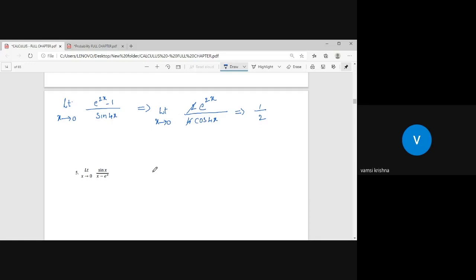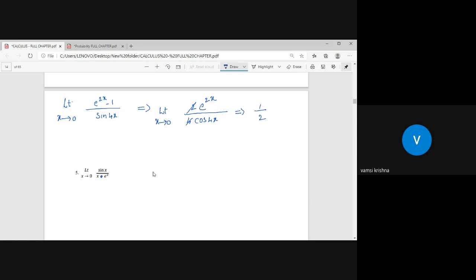Yes, here also. Limit x tends to 0, x minus e power x, there is a small correction.